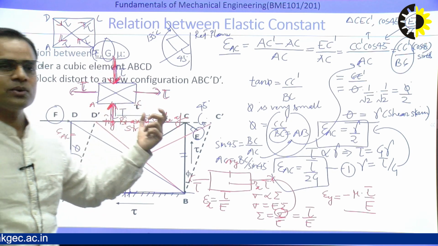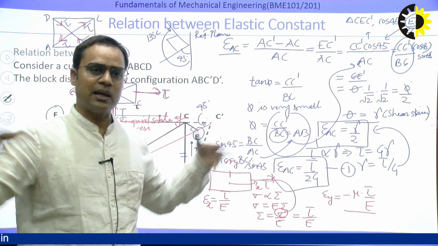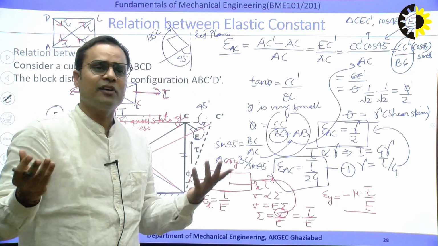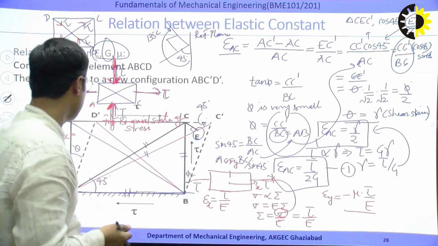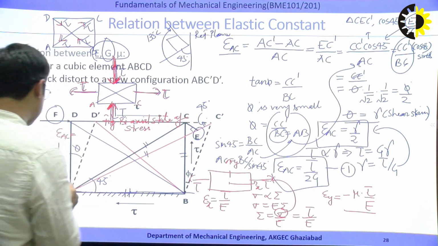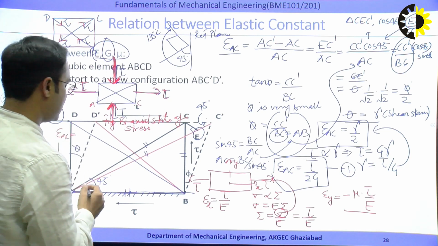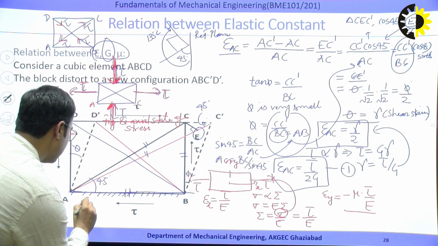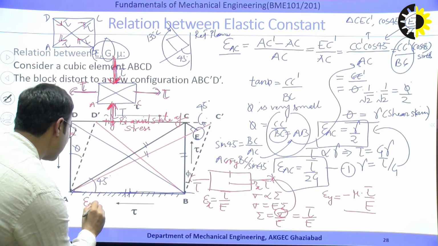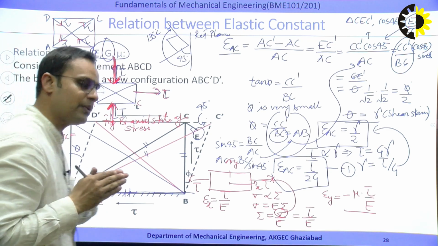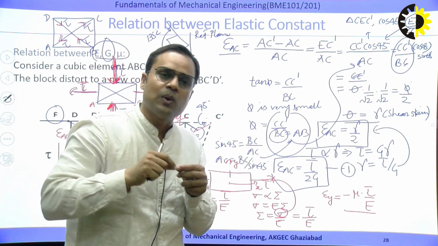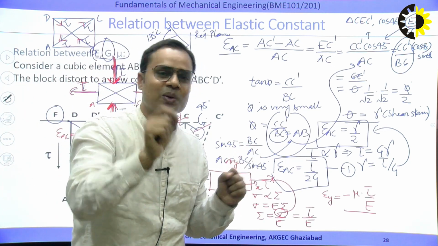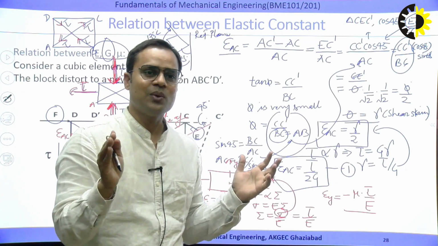If I am interested to write how much strain is induced along the diagonal AC, any one, okay. So the strain induced along the diagonal AC, because we are calculating along AC, we will write the longitudinal strain. And what is the longitudinal strain?